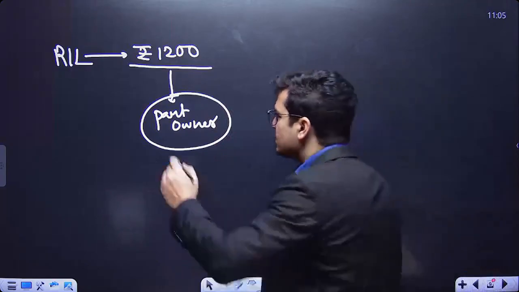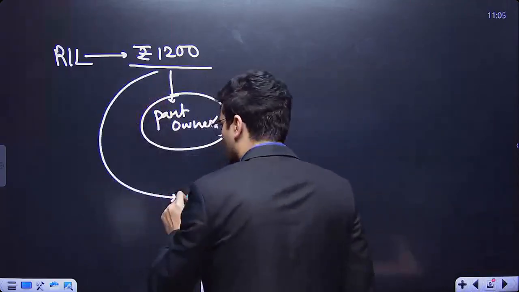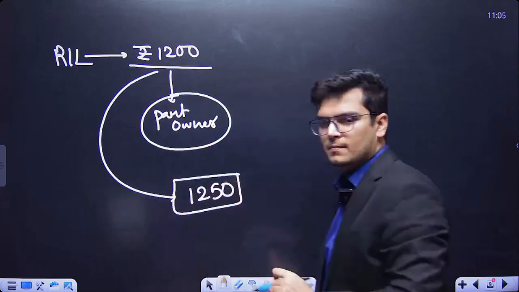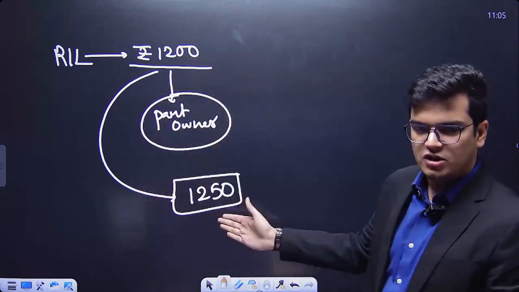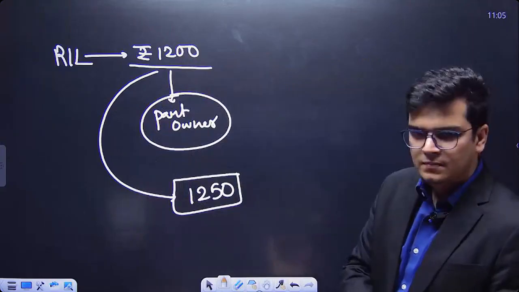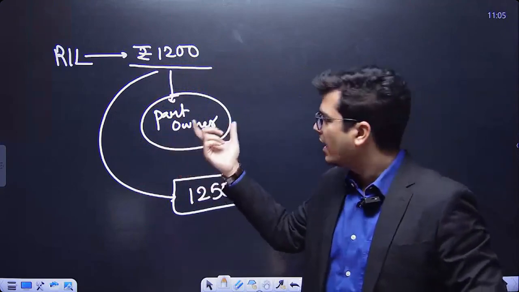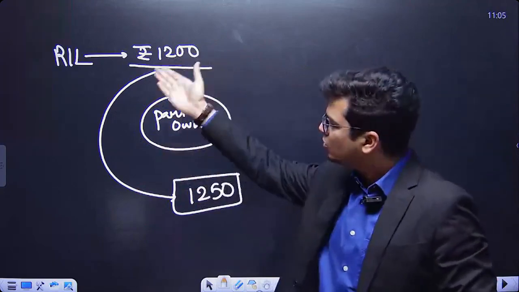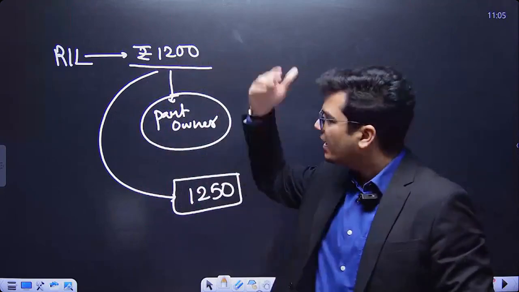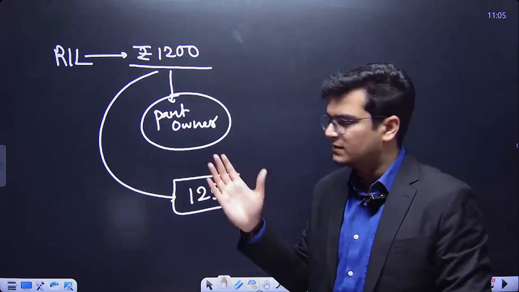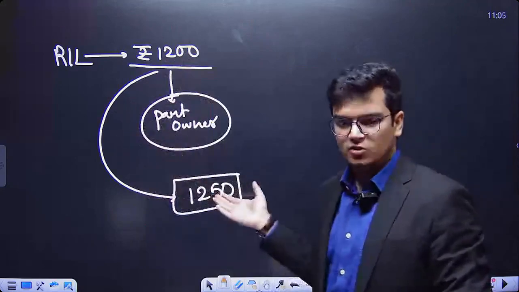I now sell this share for rupees 1250. I have sold an asset, an ownership instrument. I had an instrument of ownership. I have now sold this asset at a higher price than I got it. I got this instrument of ownership for 1200 rupees. Now I'm selling this at 1250.